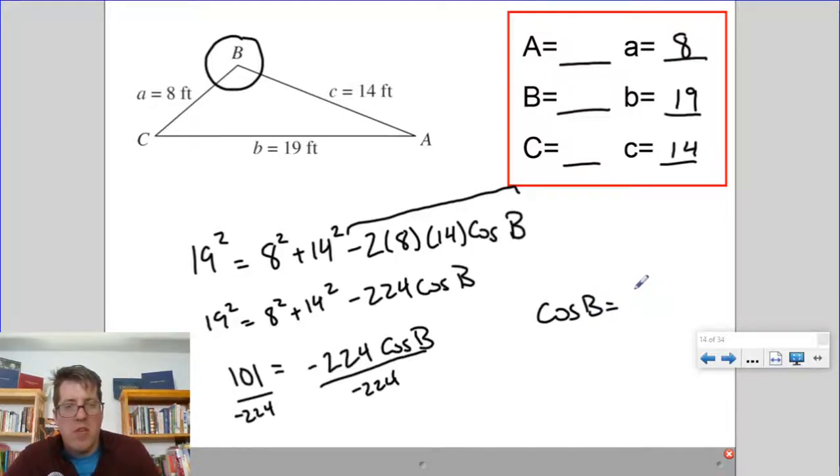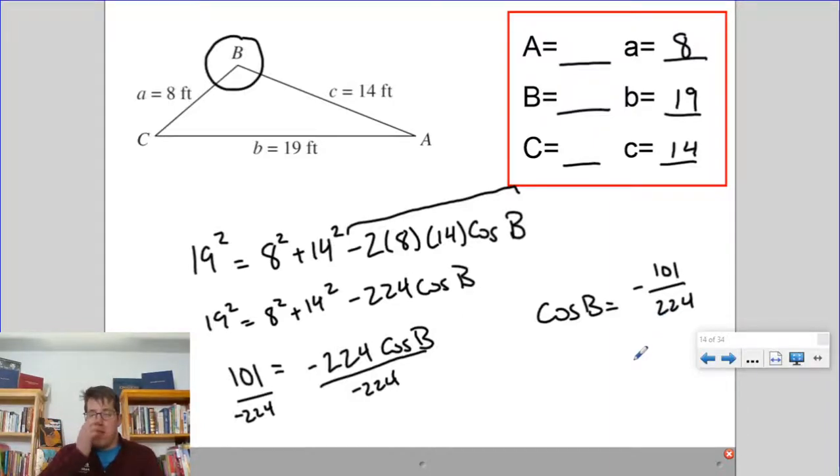You get cosine of B equals negative 101 over 224. Remember, cosine is positive in the first quadrant, so this means that angle B has to be in the second quadrant.